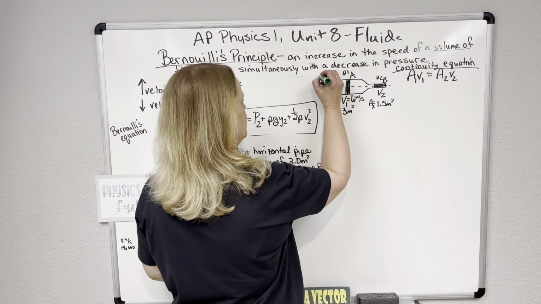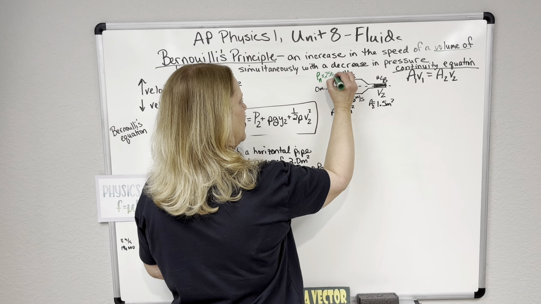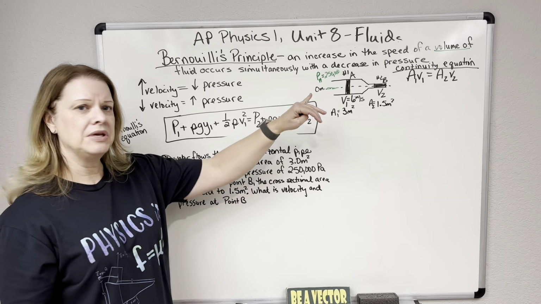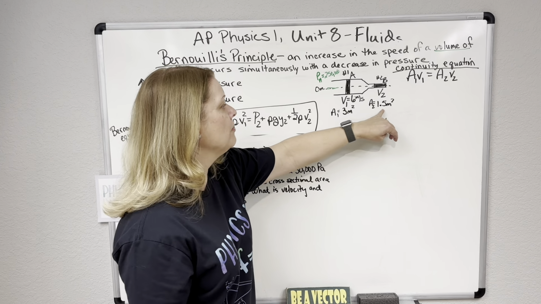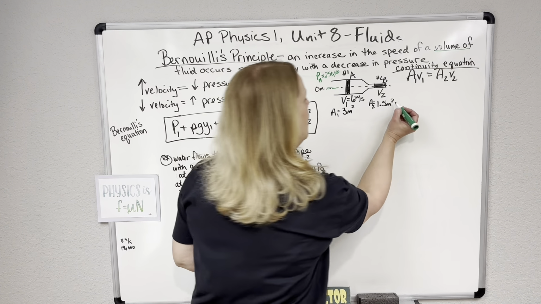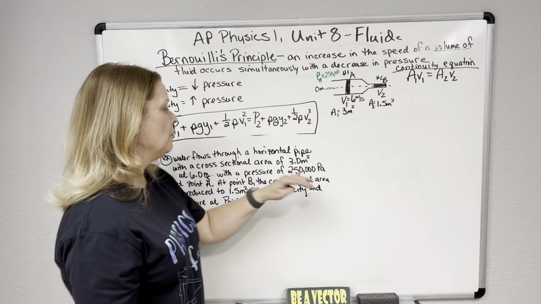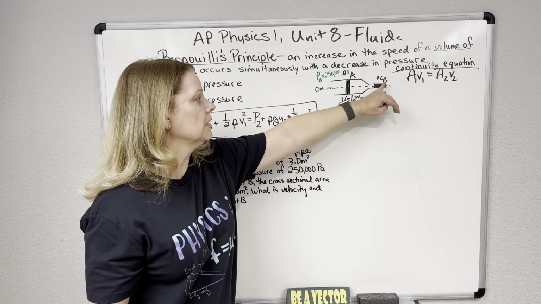I'm going to write the pressure in here. The pressure at A is 250,000 pascals. Then it says at point B, we reduce the cross-sectional area to 1.5 meters squared. That is half. We've reduced it by half. So then it says, what's the velocity at this point B?